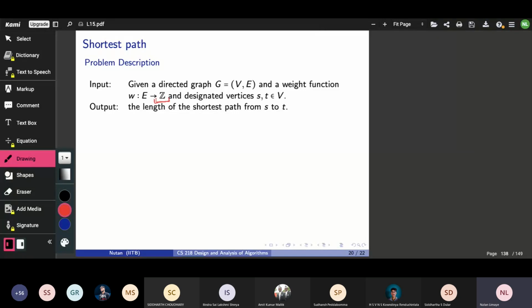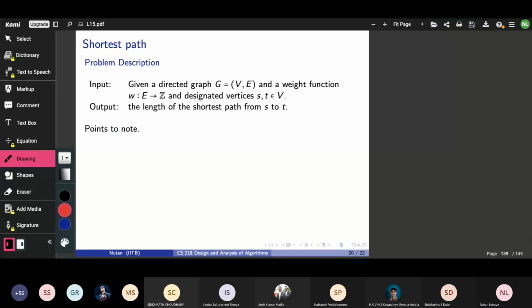So notice the small difference here, which is that now the edges are allowed to have negative weights. So this is slightly different. Dijkstra's algorithm was applicable when the underlying graph had positive integers on the edges, and now we are allowing negative integers.